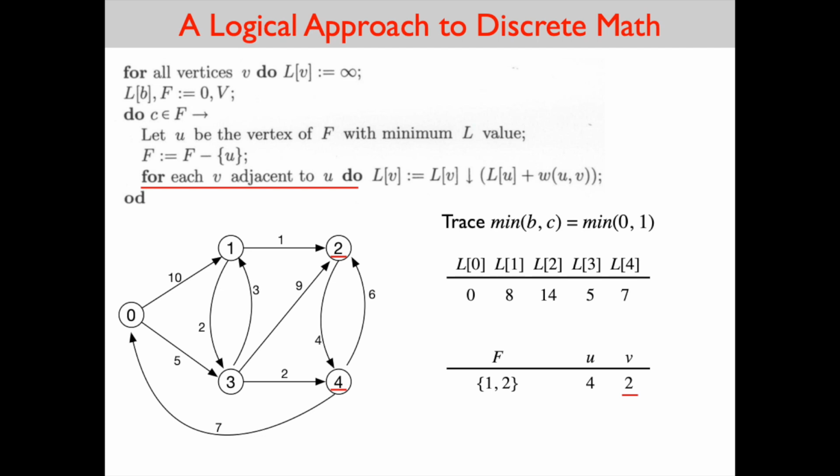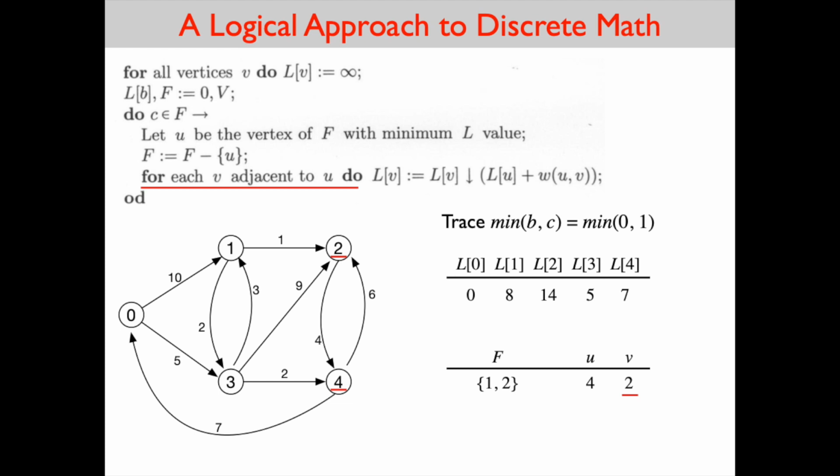Now what we are doing is we are discovering a shorter path. We are inspecting the edge from vertex 4 to vertex 2, which has a cost of 6. And we already know that the shortest path that we have detected between 0 and 4 is from 0 to 3 to 4, which is 7.